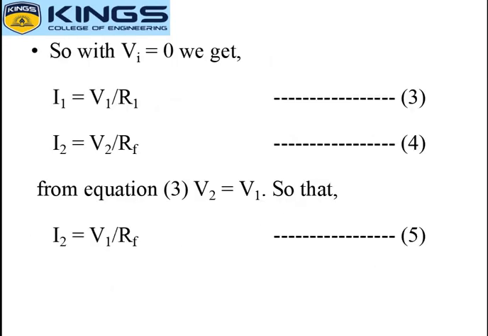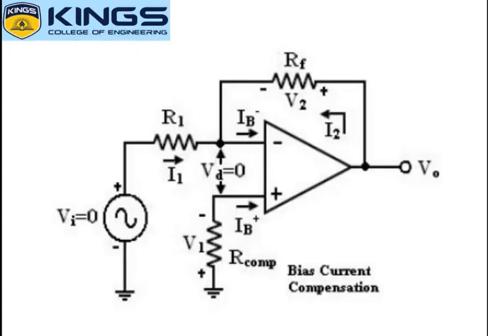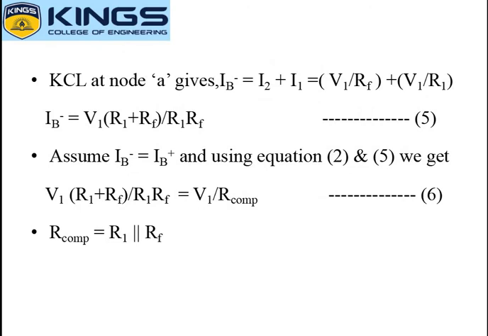We know I2 equal to V1 divided by RF, and I1 equal to V1 divided by R1. Therefore, IB minus equal to V1 into R1 plus RF divided by R1 RF.